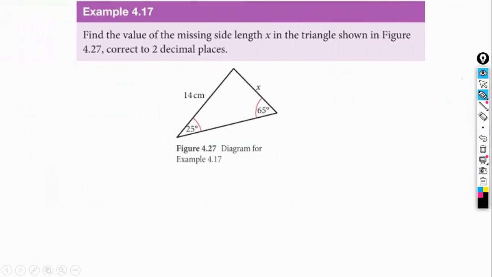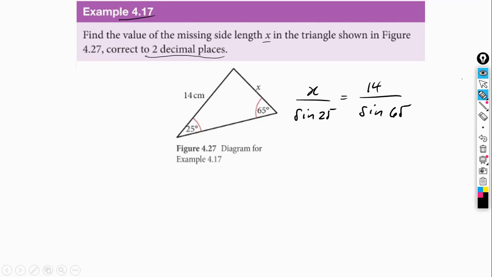So now let's do example 4.17. Find the value of the missing side length x in the triangle shown in figure 4.27, correct to 2 decimal places. This is a typical case where we would apply the sine rule. Notice that x divided by sine of 25, the opposite angle, is equal to 14 divided by sine of 65.